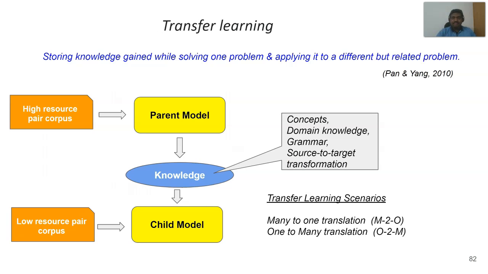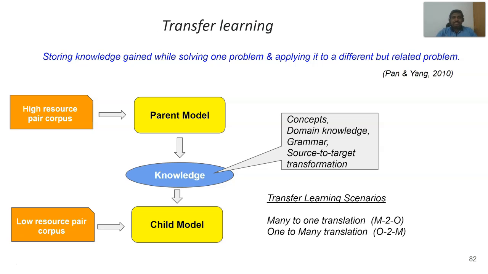And this brings us to the central point of this section, which is transfer learning. Transfer learning is a well-known technique in machine learning, where the general principle is how you can use knowledge gained in solving one problem to solve another different but related problem.